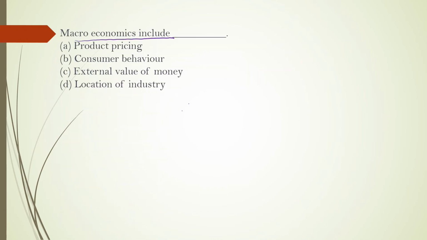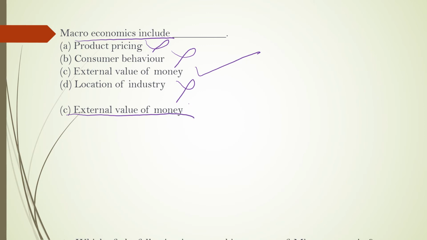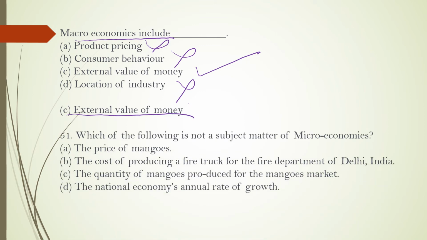Macroeconomics includes product pricing, no. Consumer behavior, no. External value of money, yes. Location of industry. So the right answer is external value of money. Which of the following is not a subject matter of microeconomics? Price of mango, of course, individual, micro.